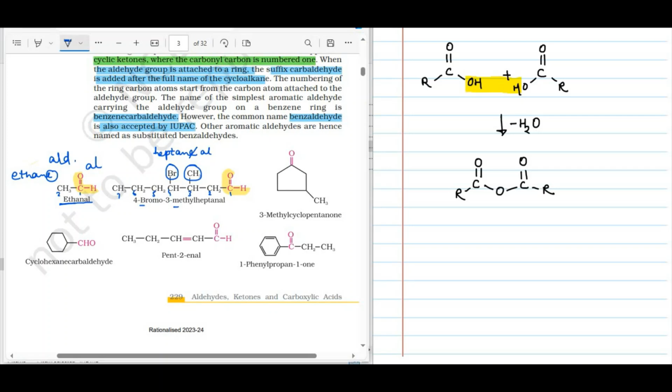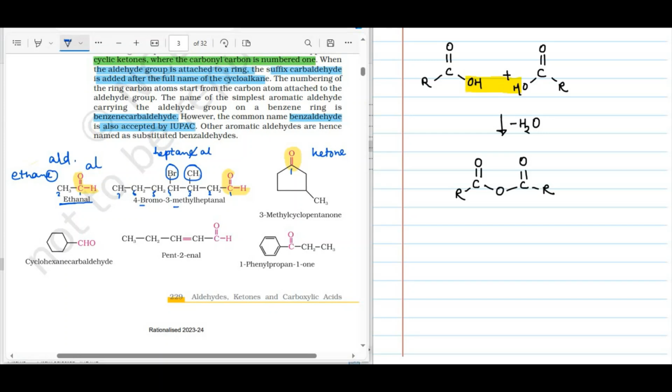Now come to the third example. In this third example, first of all identify the functional group. Here the functional group is C double bond O, meaning the functional group is ketone. This is a cyclic alkane to which the ketone is bonded. So first of all count the number of carbons starting from the carbonyl carbon.